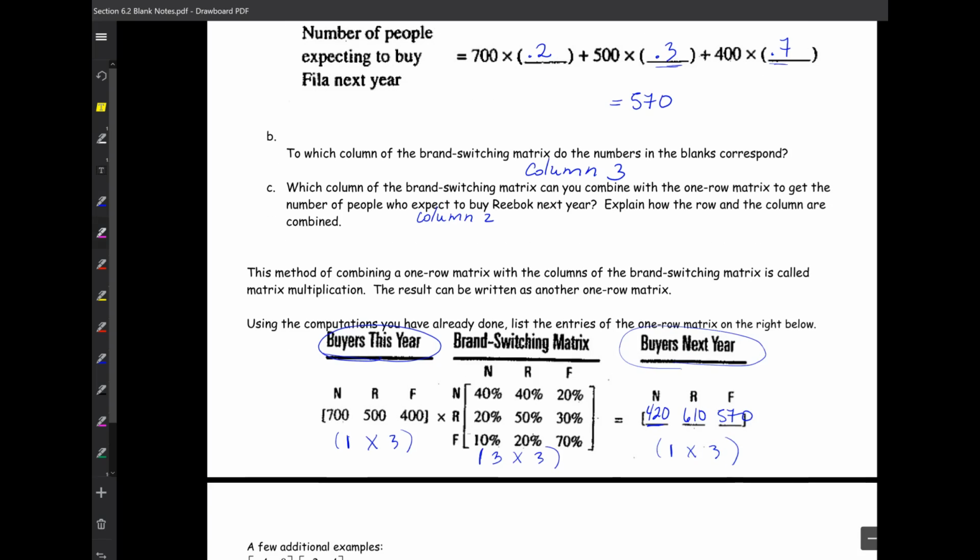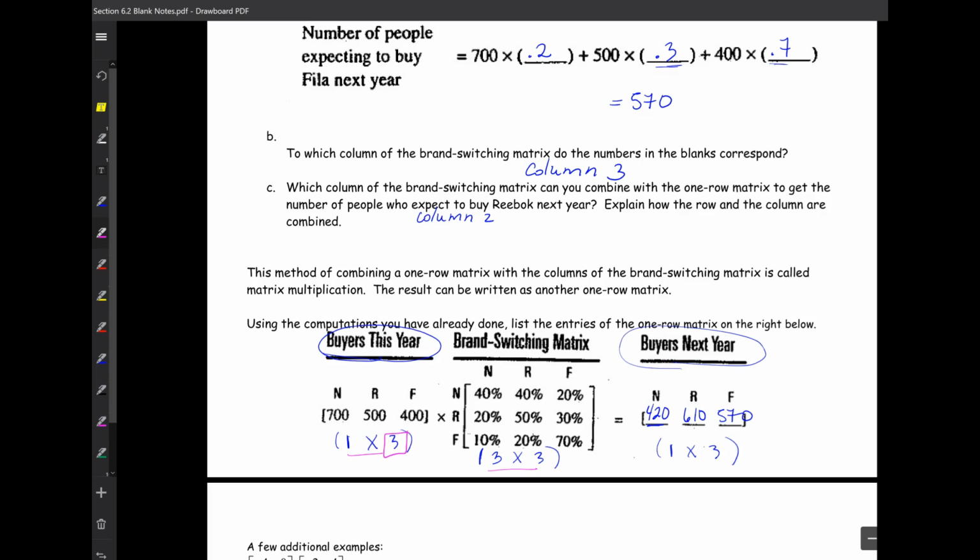But a few things I want you to analyze or look at. Notice that the dimensions are not the same. We multiplied a 1 by 3 by a 3 by 3, and we obtained a 1 by 3 matrix. What has to happen in order for you to be able to multiply matrices? Which two numbers do you think have to match?